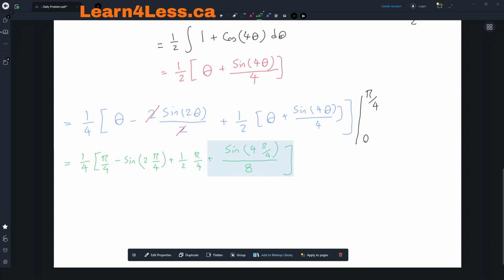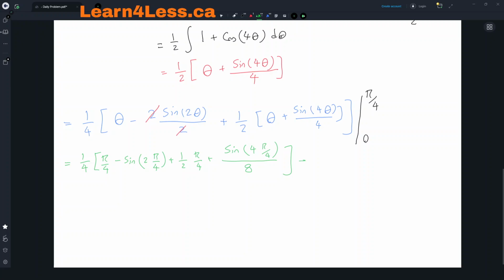Let me just write it a little better. Okay. Minus, when we plug in the lower bound 0, it would be again a quarter at the front. So we have 0 minus sine of 2 times 0 over 2, we simplified that, plus a half times 0 plus sine of 4 times 0 over 4.